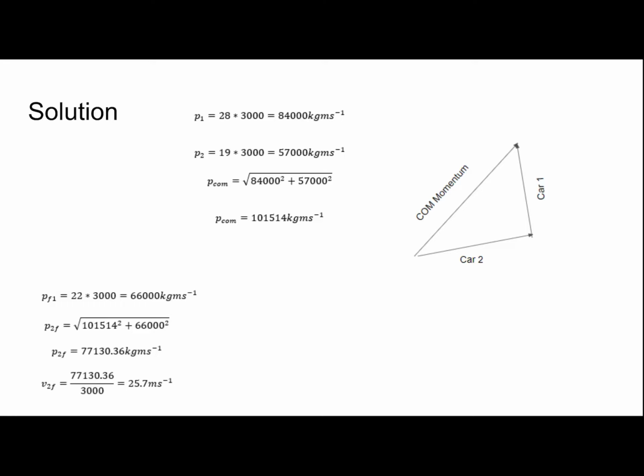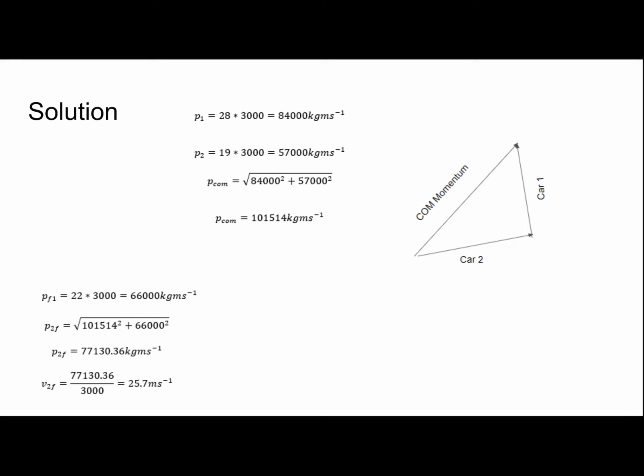So we know that after the collision, the momentum of car 1 is equal to its velocity times its mass, which is equal to 66,000 kilogram meters per second. Therefore, the momentum of car 2 should be equal to the square root of 101,514 squared minus 66,000 squared.